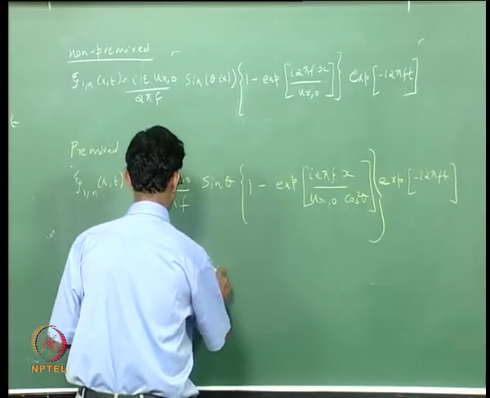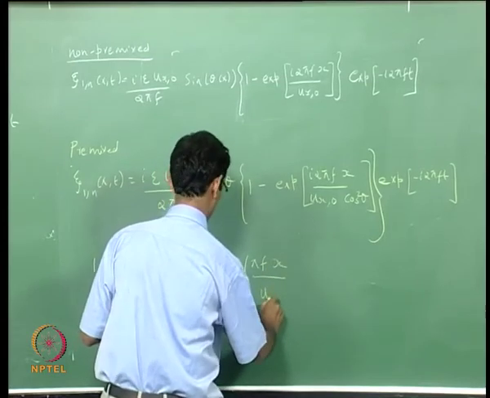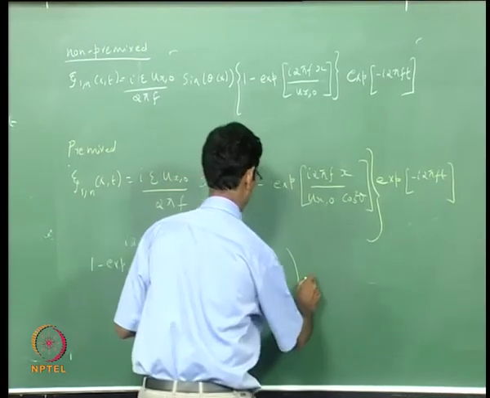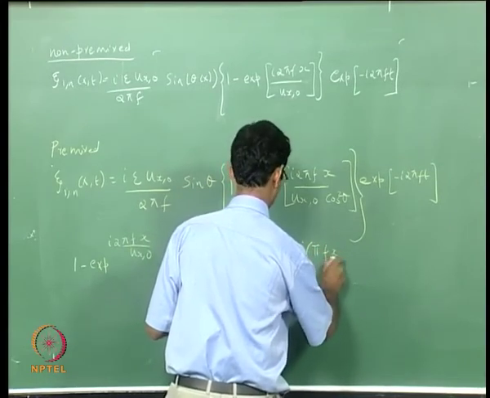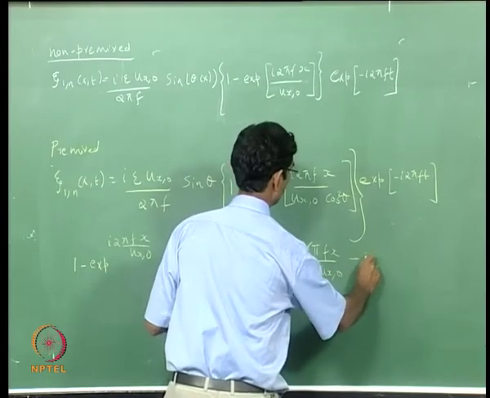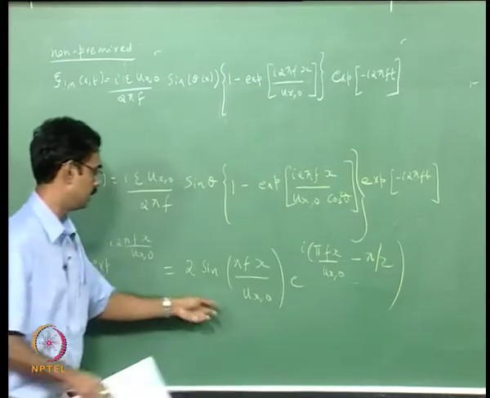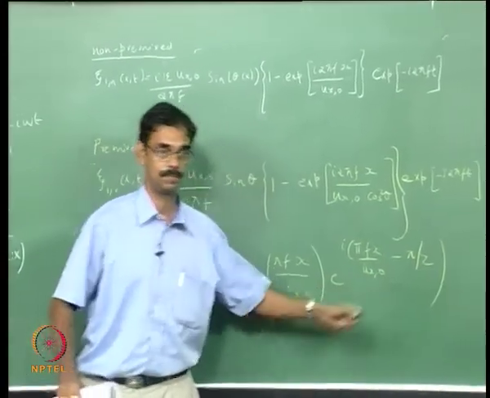This would be nothing but 2 sine(pi f x over u x0) times e to the power i into (pi f x over u x0 minus pi by 2). So this is the sinusoidal pattern and that is propagating, and here you see the speed.